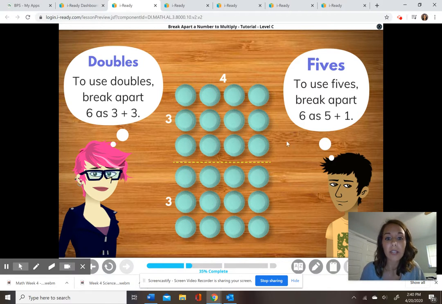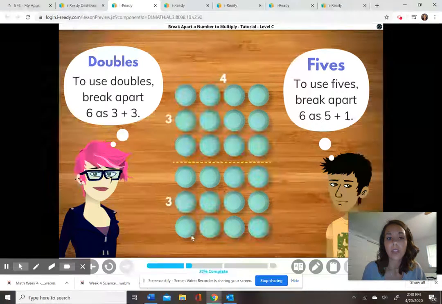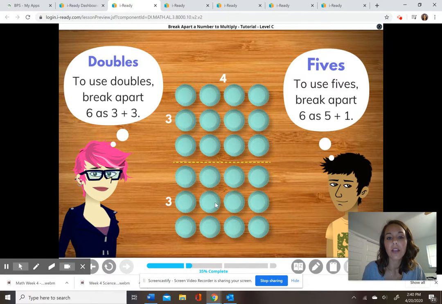So she wants to split it in half because she knows her doubles. In this case, she has a 4 times 3 and a 4 times 3. And she knows her doubles, 12 plus 12. She can add that easier. So it totally depends on how you want to split it up. But this lesson is going to ask you a couple of different ways that you could do that.